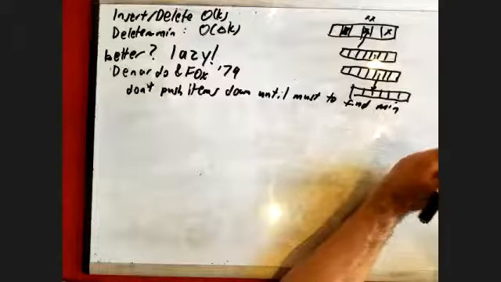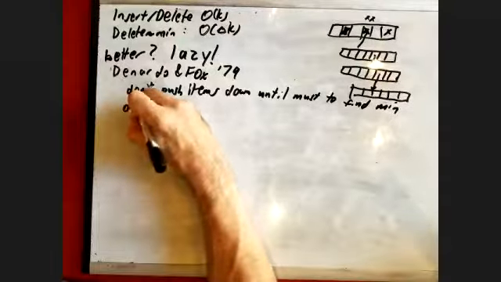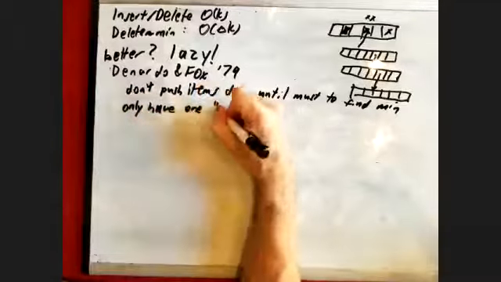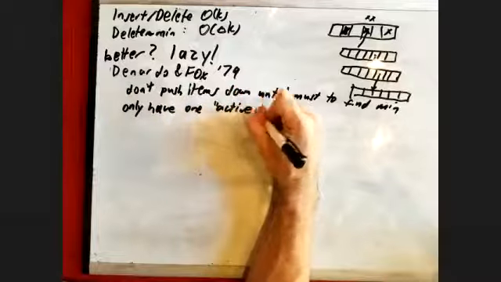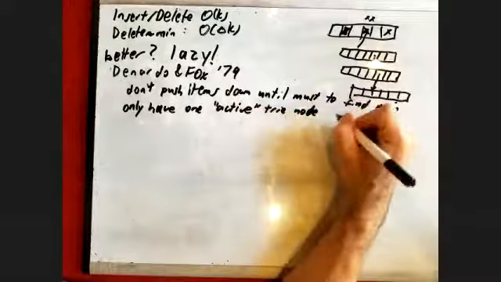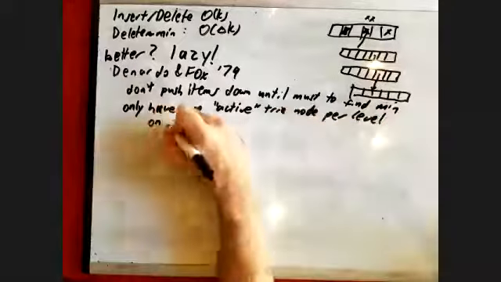So essentially, we have the trie, but we only have one so-called active trie node per level. And it's the trie node that's on the path to the current min.